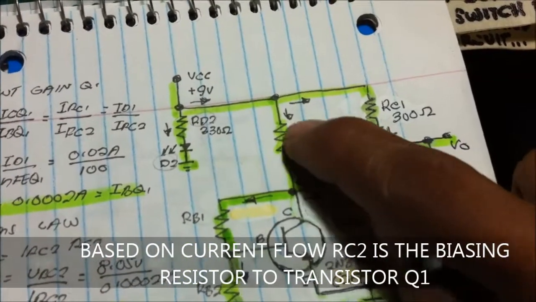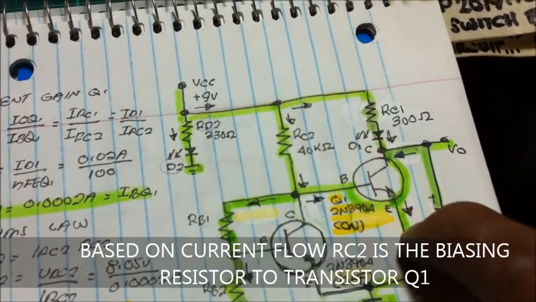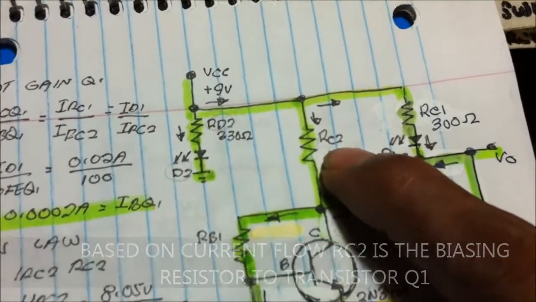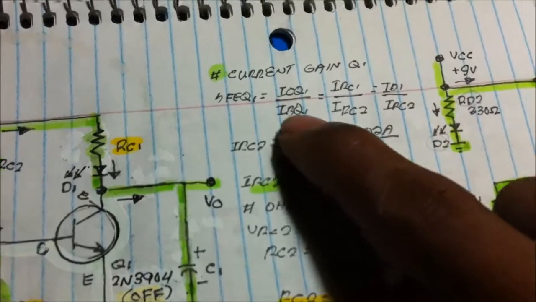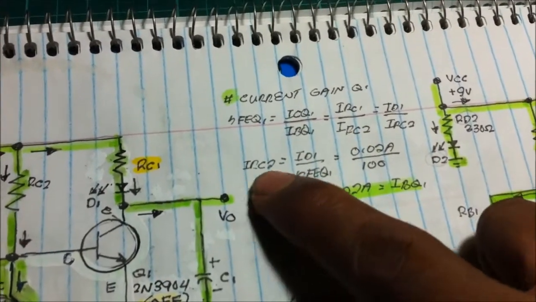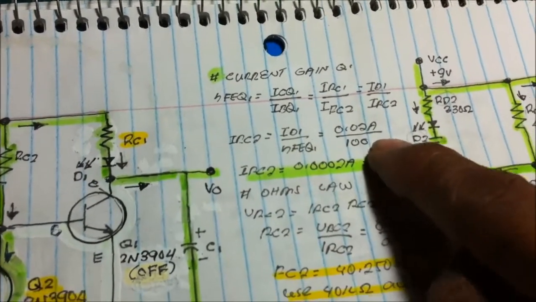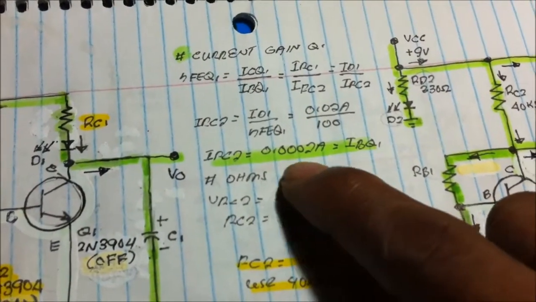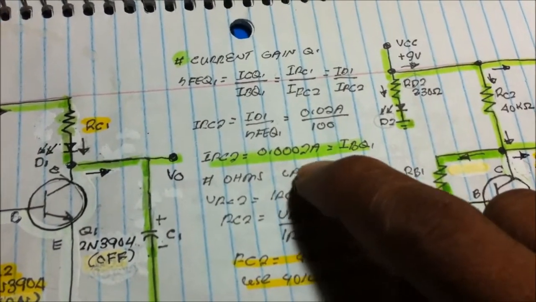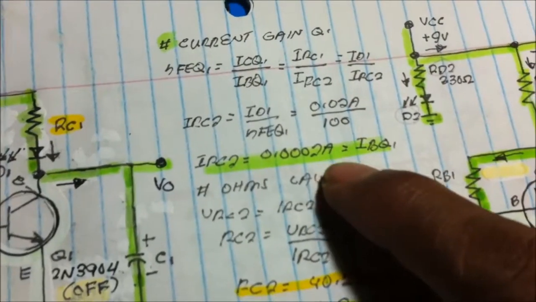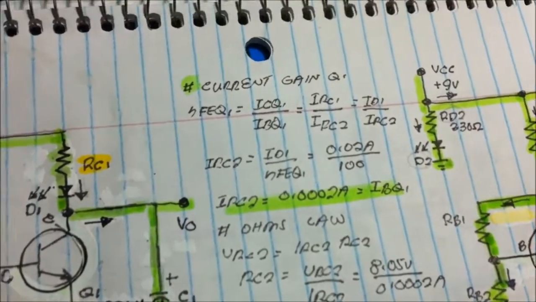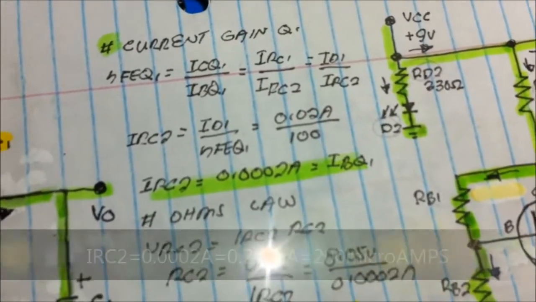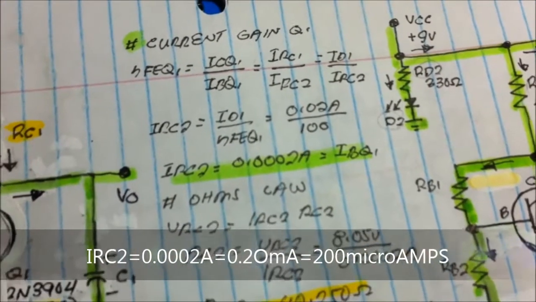This is now the base resistor to the transistor, this RC2. Transposition, calculation, we got an I RC2 of 0.0002 ampere, or you can say 0.2 milliamps.